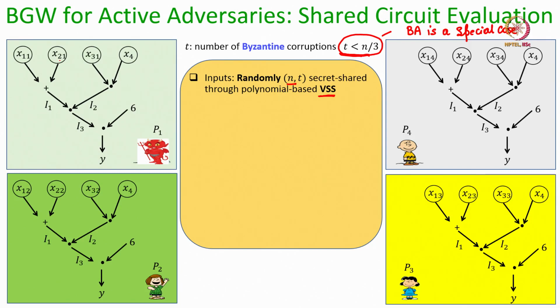Similarly, the third party will act as a dealer and invoke the sharing phase protocol of the VSS scheme to secret share x3, and similarly party P4 in parallel will invoke the sharing phase protocol to secret share the input x4. That will complete the input stage of the protocol, at the end of which all the inputs will be t-secret shared.